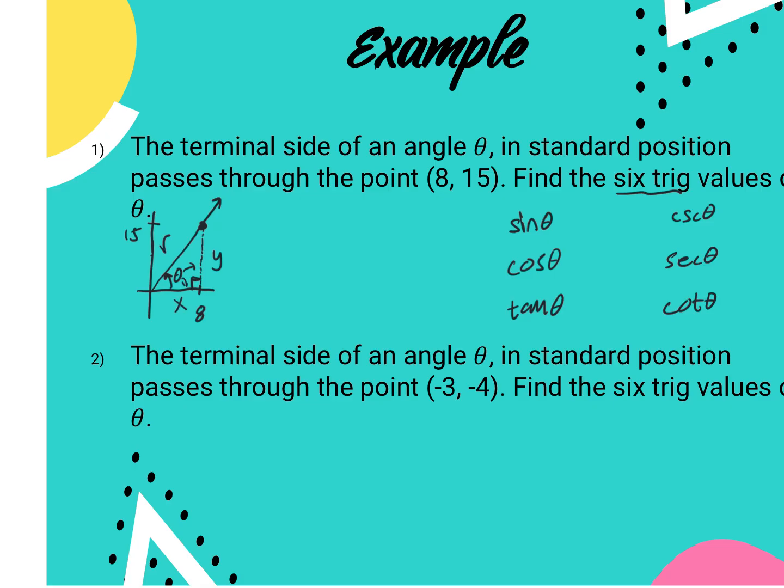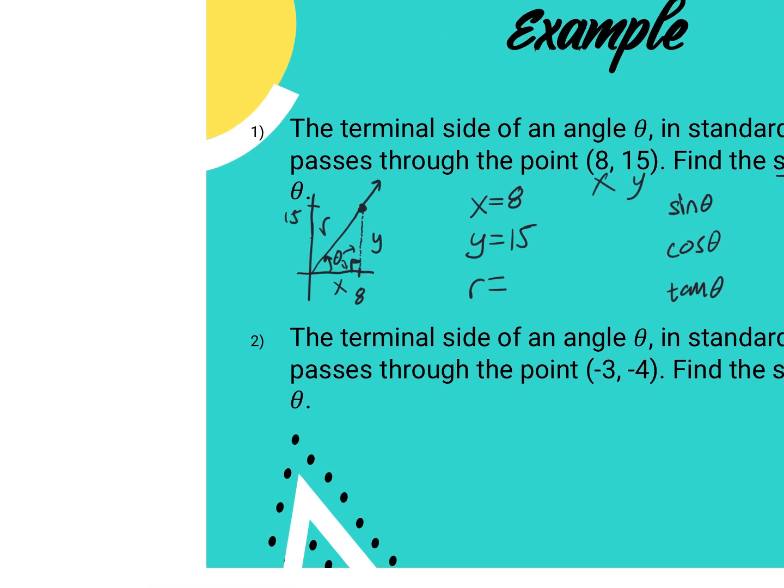Now, we have x and y already. Right, so I'm going to write that down, right? We have x equals 8, y equals 15, and we don't know what r is, right? But what we can do is we can use Pythagorean theorem, right? X squared plus y squared equals r squared. And so this is going to get us 8 squared plus 15 squared equals r squared.